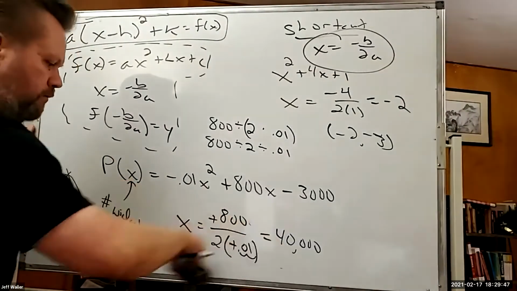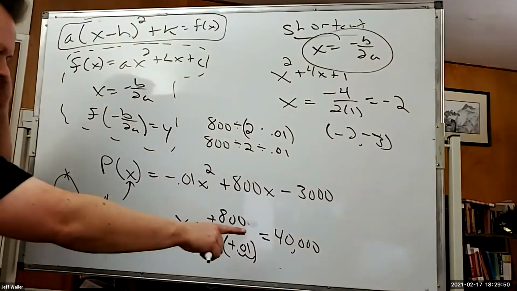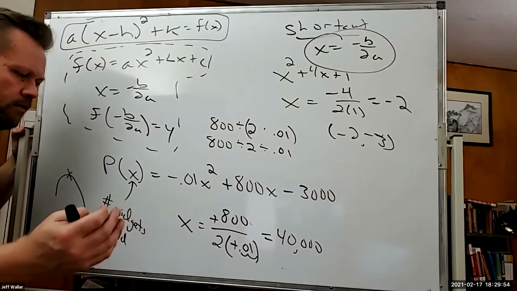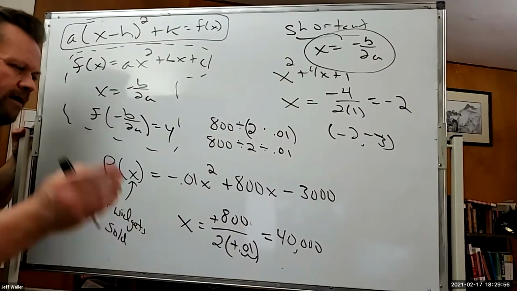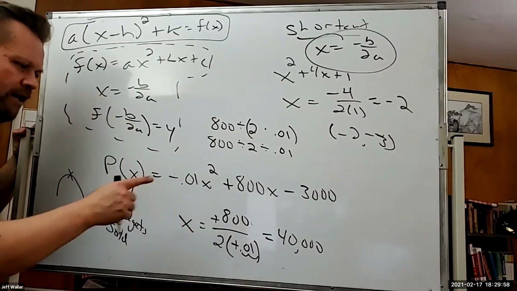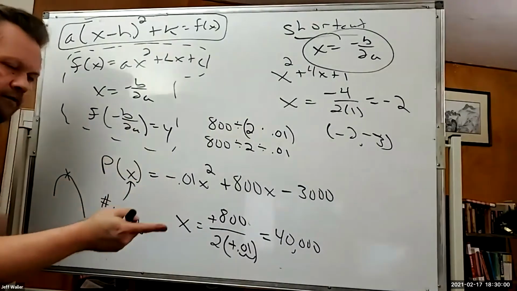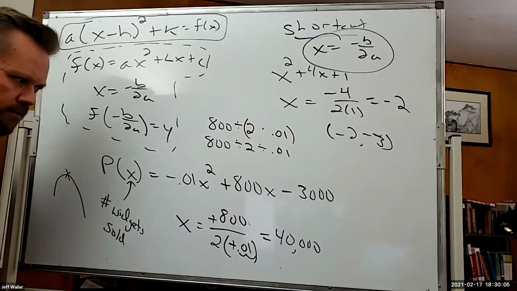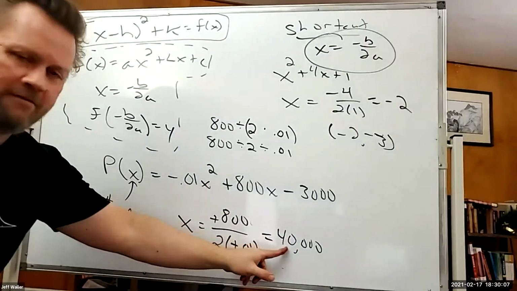What does that mean? That's the X value for the vertex. Great, but that doesn't help my boss, who wants to know stuff. What do I tell my boss?